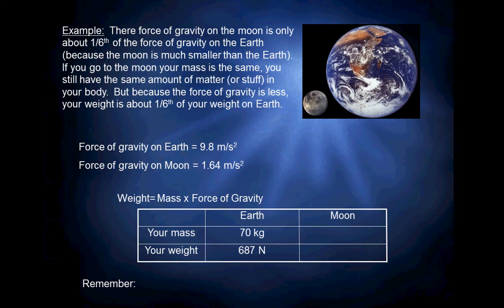Gravity on Earth is about, the force we ascribe to it on average is 9.8 meters per second squared. Force of gravity on Earth. On the moon it's about 1.64 meters per second squared. So much less. And again, we can find the weight by multiplying the mass of the object times force of gravity.